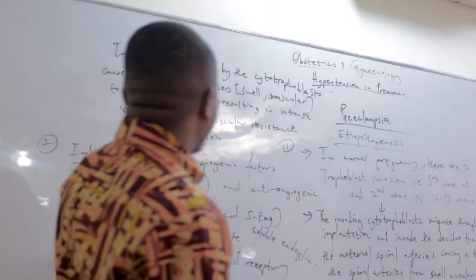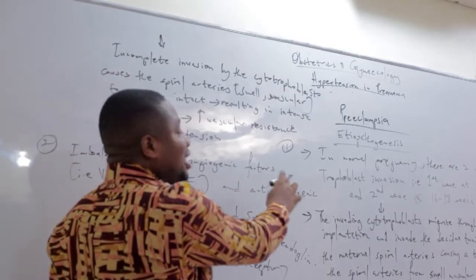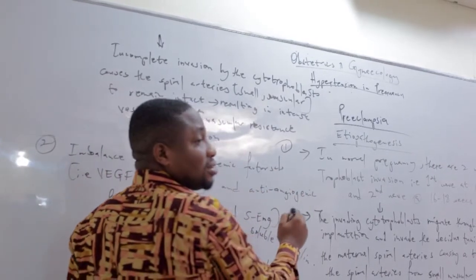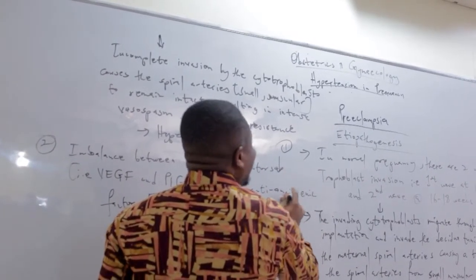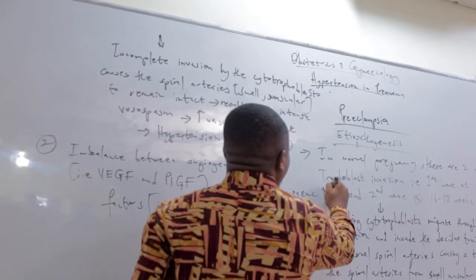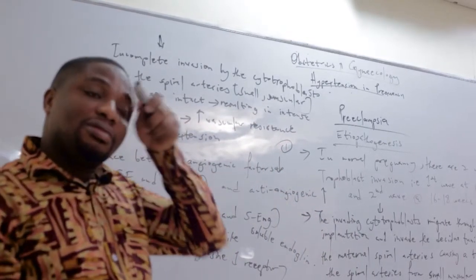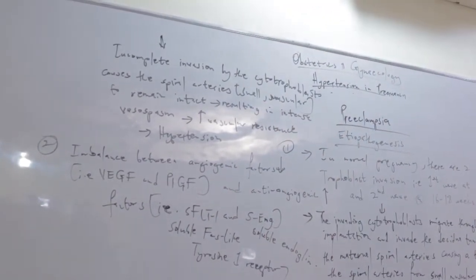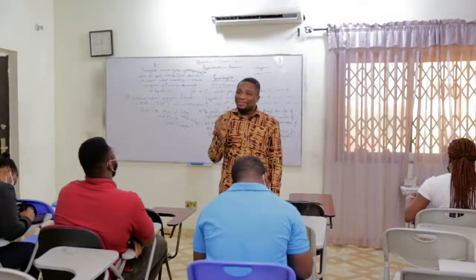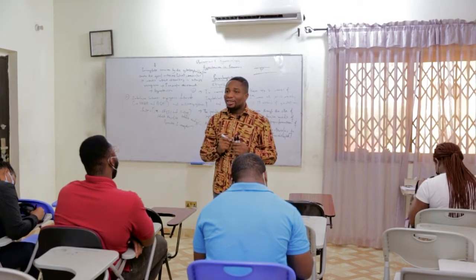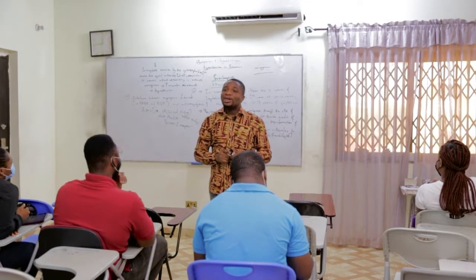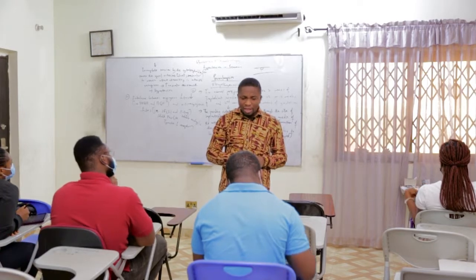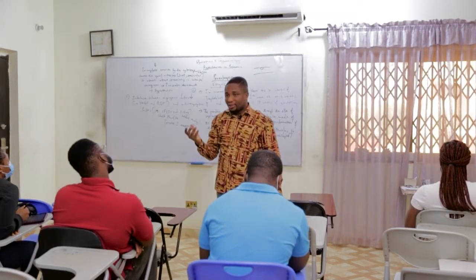So the imbalance here means the angiogenic factors will be what? Reduced. And anti-angiogenic factors will what? Increase. Take note of that. The imbalance I'm talking about favors the anti-angiogenic. If the blood is not flowing sufficiently, what are we going to have? We are going to have the release of what?